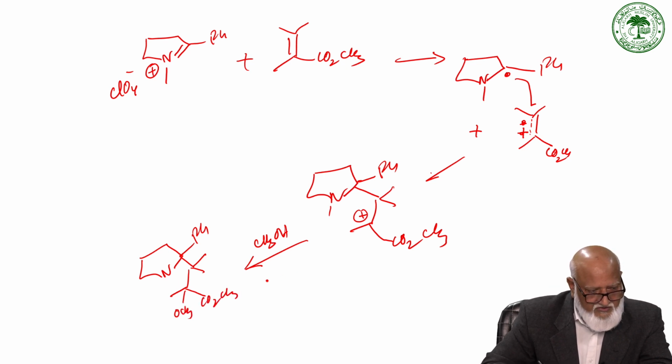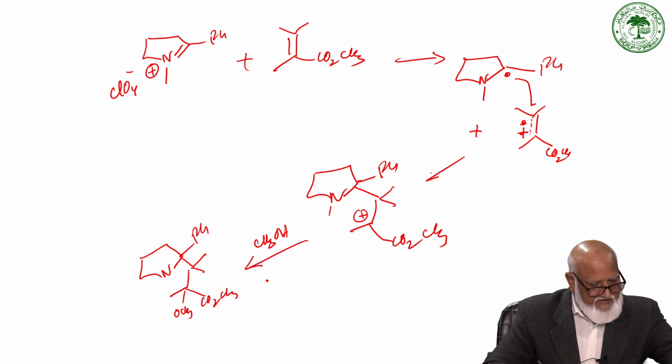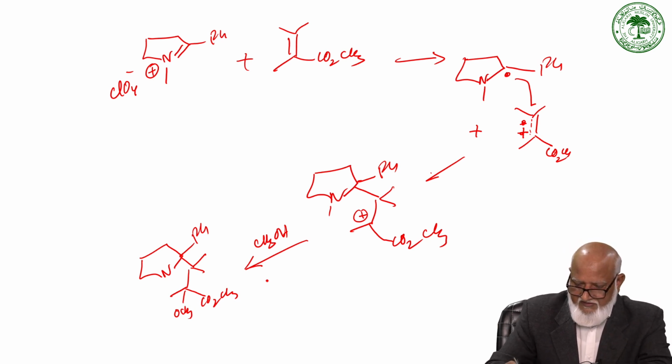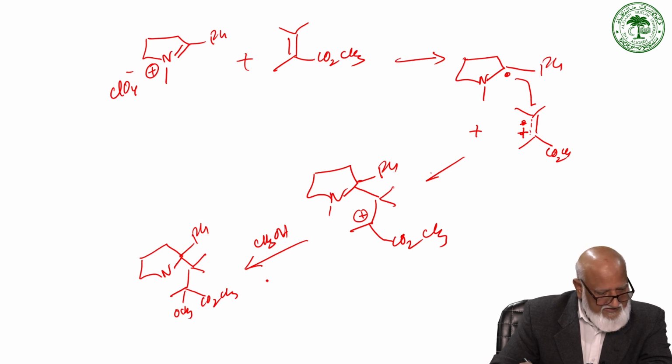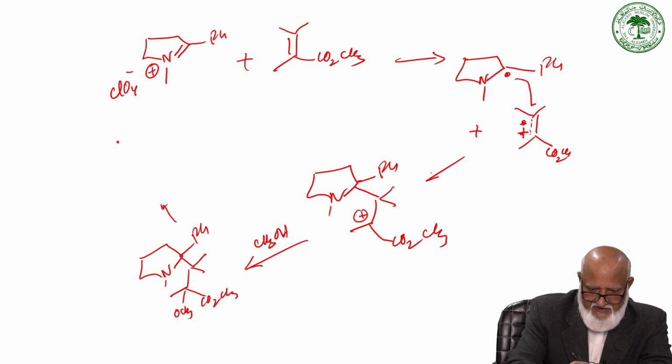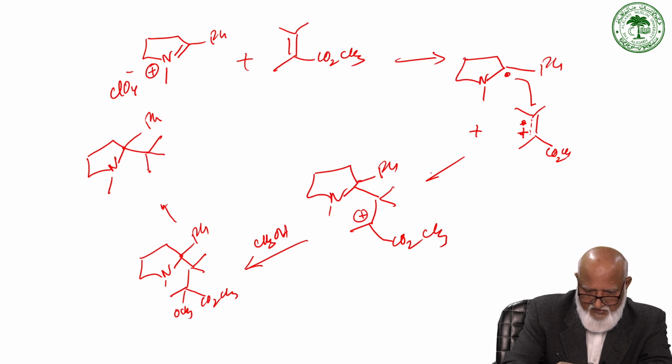It is also quite possible that this lone pair, if we write like this, say for example this one, this ester part may also be involved in the cyclization. For example, this N, pH, your methyl group, C double bond O, OCH3, the lone pair.